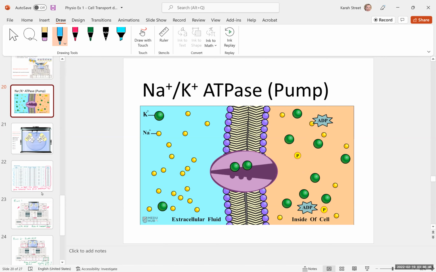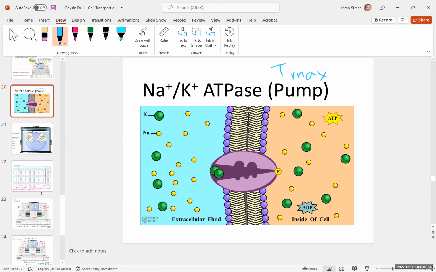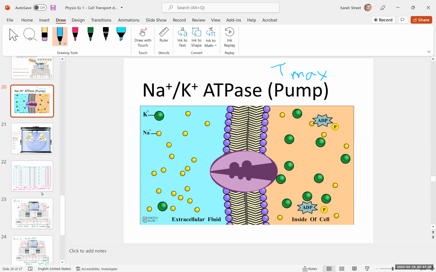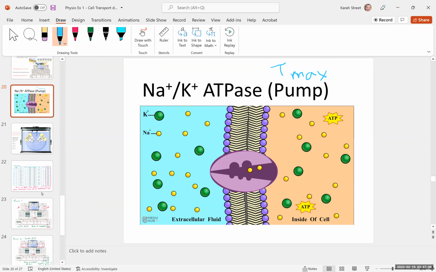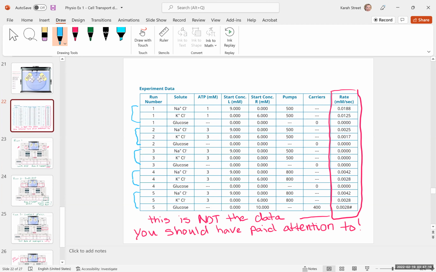So this is going to mean that we're going to have a Tmax, a transport maximum, and the ultimate take-home message for this activity is to recognize that the rate limiting factor is the number of pumps we built into the membrane, not the amount of ATP. Nope. The number of pumps we built into the membrane. Again, the data you actually collected and wrote down, totally useless for testing purposes. So pay attention.